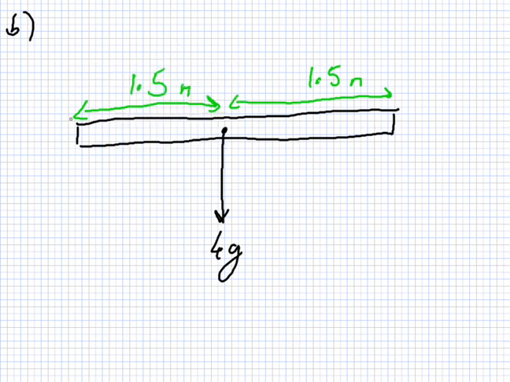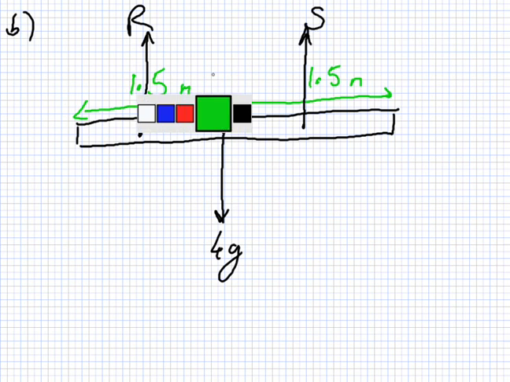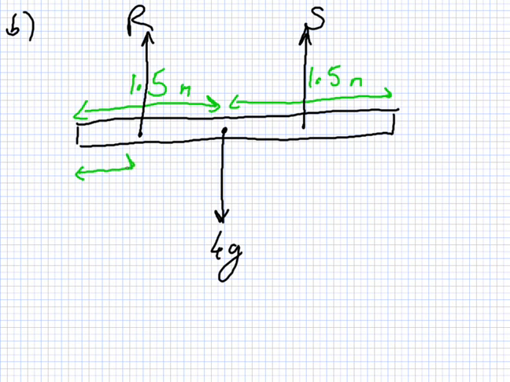So there's a support here going up, which I'll call R, and then there's a support here going up, which I'll call S. And the distance from here to here is 1 meter, and the distance from here to here is 0.5 meters, and of course the distance in between is 1.5 meters.